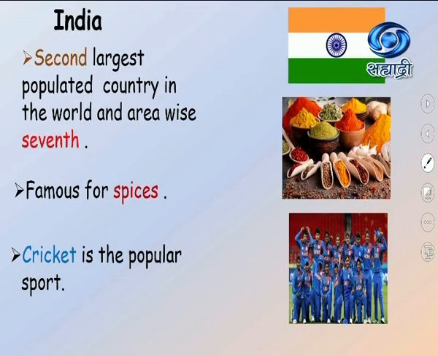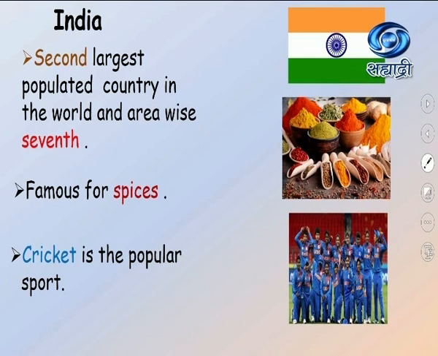Let's move on to see what India is known for. Now, India is the second most populous country in the world, and area-wise, it is seventh largest. India is also famous for spices. As we know, India grows different varieties of spices in its country.